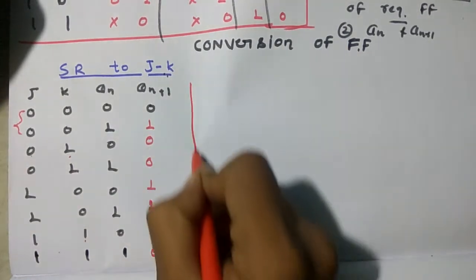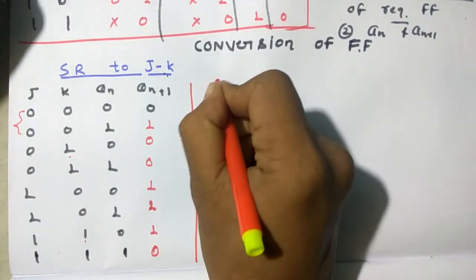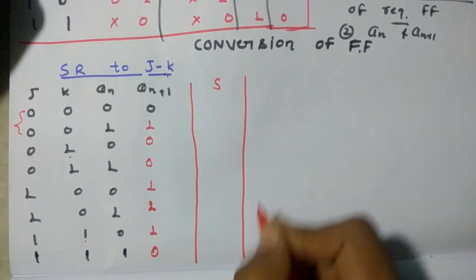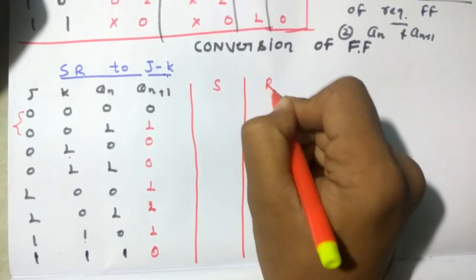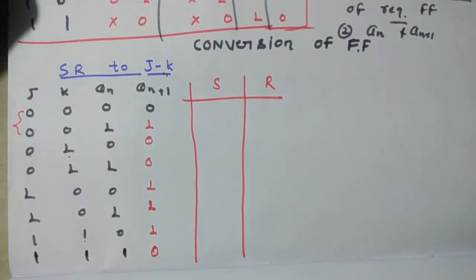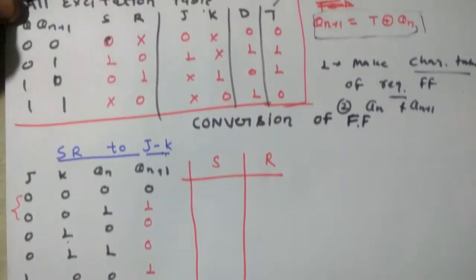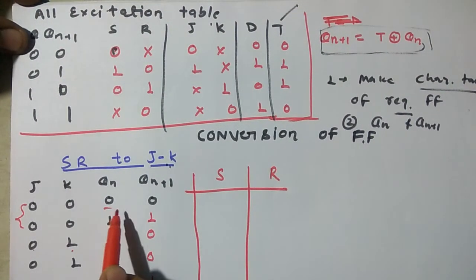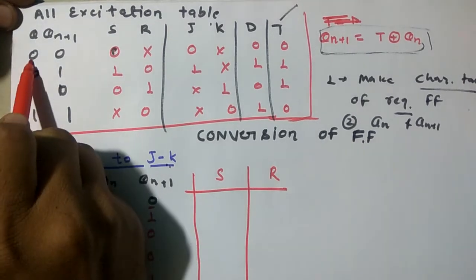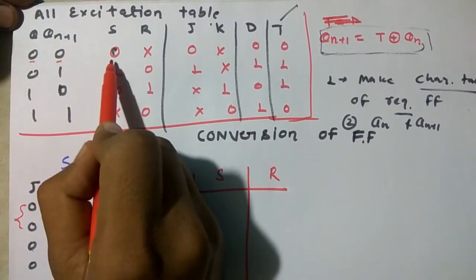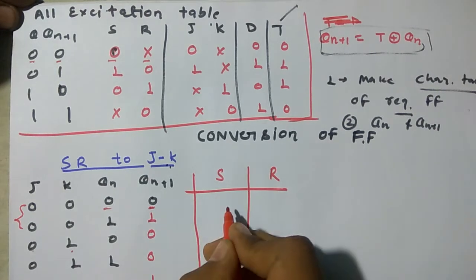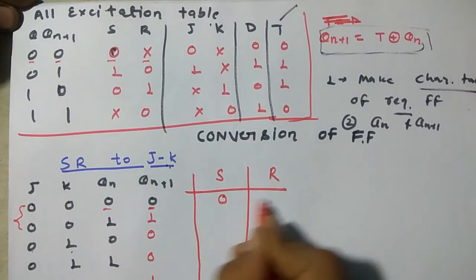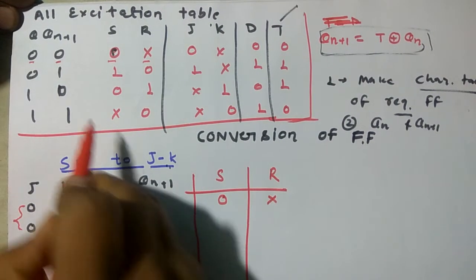Now we have to write the excitation table of the SR flip-flop. We already listed it over here: if Qn is 0 and Qn plus 1 is 0, then S will be 0 and R will be cross, meaning don't care.